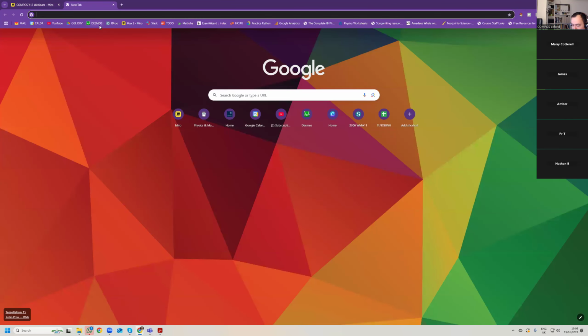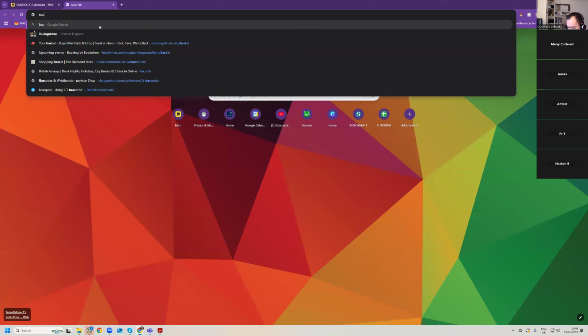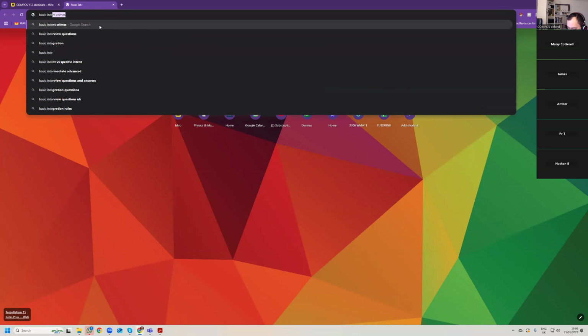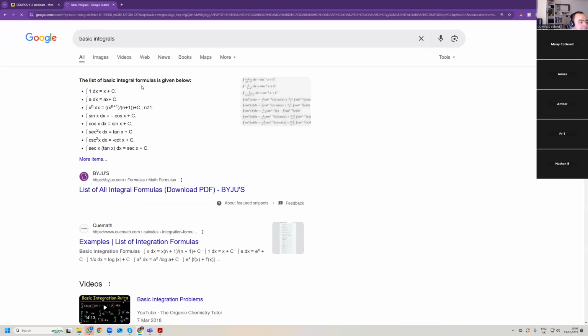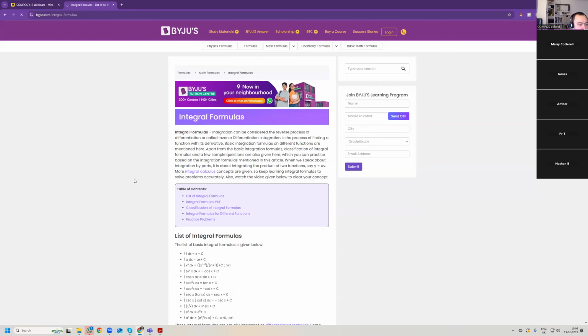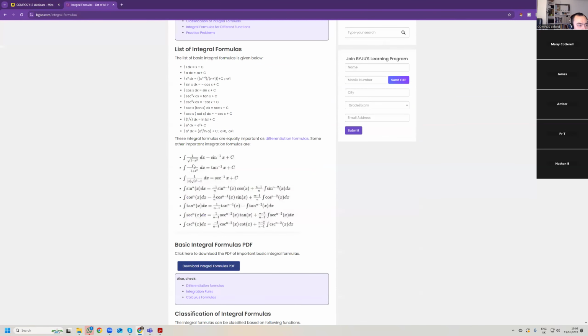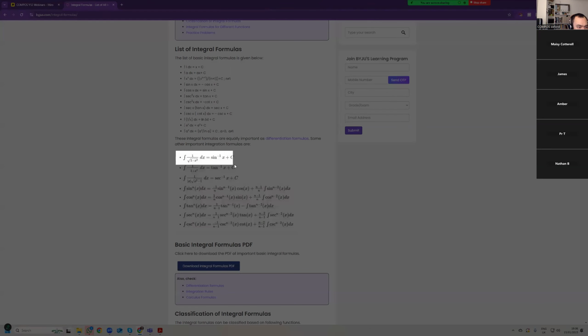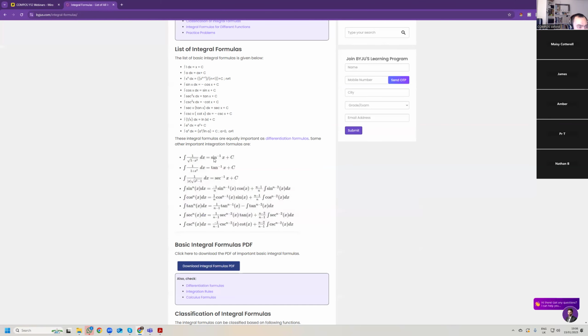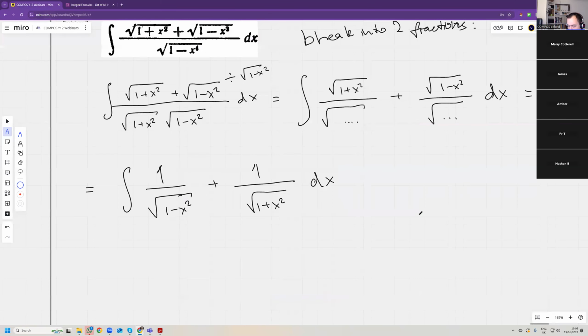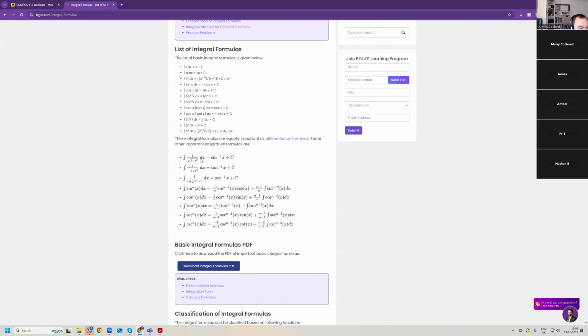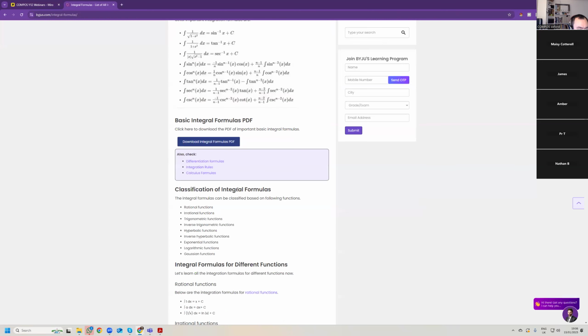So, standard basic integrals. Here it is. So this is arc sine, and the plus one. Why is it not given?